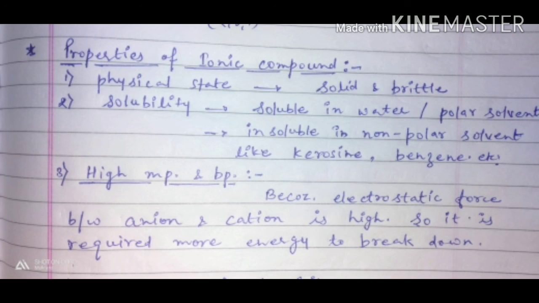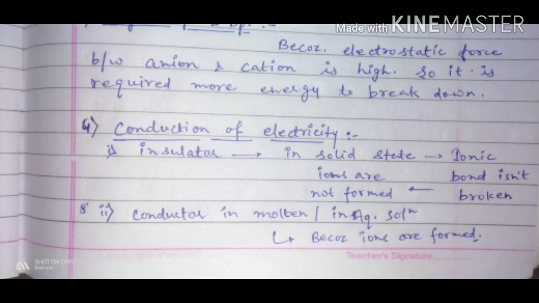Then the conduction of electricity. These are insulators as well as conductors of electricity. Now how are they insulators? If the ionic compounds are in the solid state, they are not able to produce free ions because of the strong ionic bond or electrostatic bond.